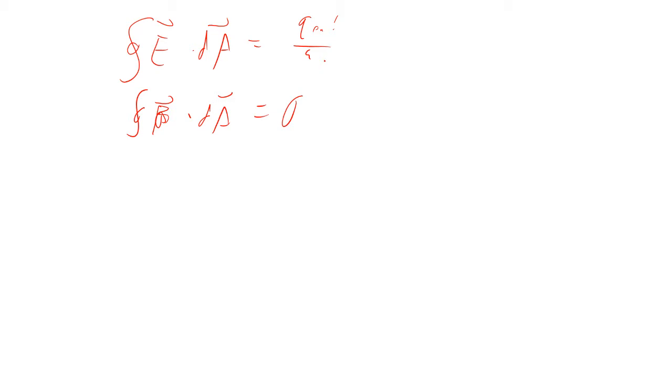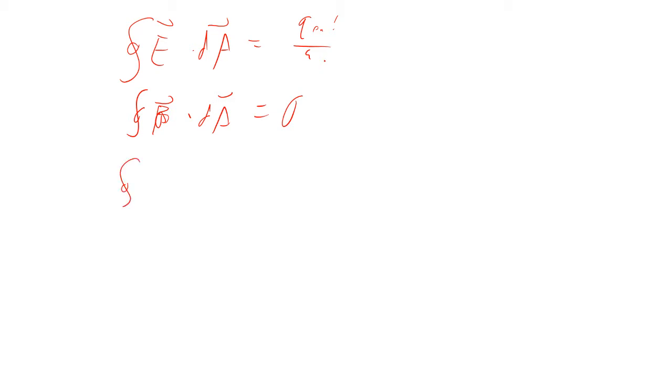So if you remember Maxwell's equations, integral E dot dA equals enclosed charge over epsilon naught. Integral B dot dA equals 0, which means there are no magnetic monopoles.